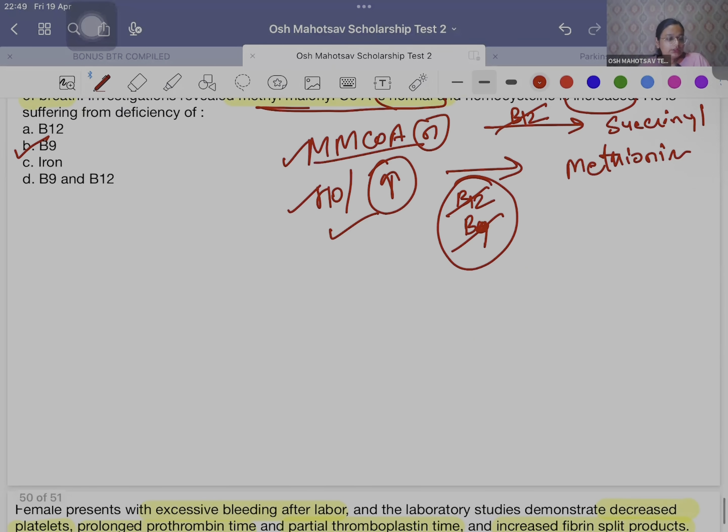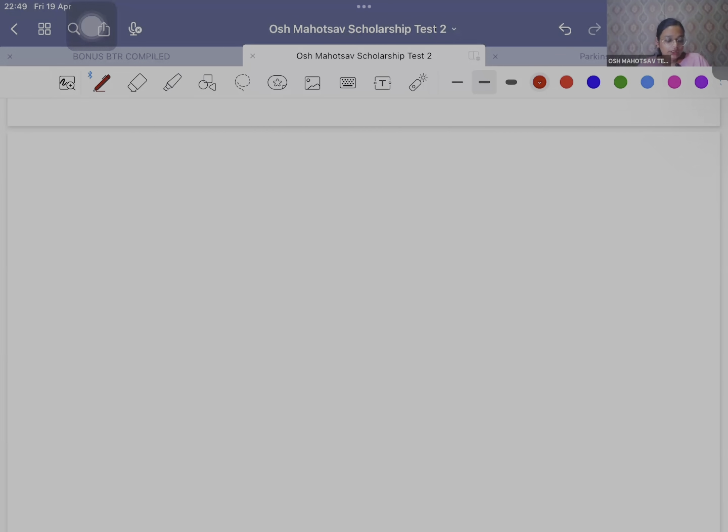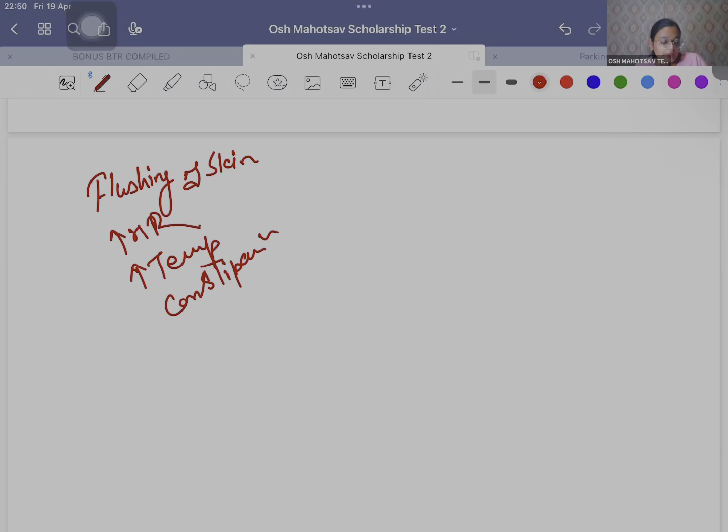It says 6 members of a family were admitted to the hospital emergency with flushing of skin, tachycardia, meaning increased heart rate. They are having hyperthermia, increased temperature, and constipation. Further, about an hour before admission, they developed symptoms of hallucination, agitation, and disinhibited behavior, playing with imaginary objects, trying to pick imaginary things off the carpet, trying to throw things out of the closed window.